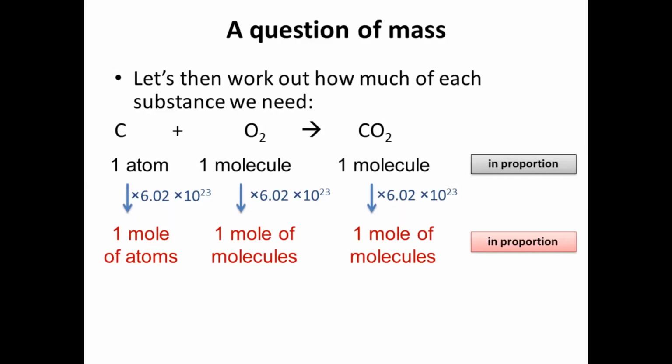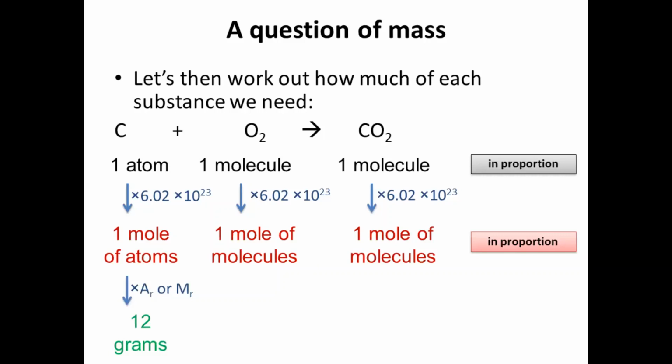The number that's in front of the atom or molecule now stands in front of the mole. So if you times both sides of the equation equally by the number of molecules or atoms in a mole, you can use the balancing numbers from the equation as numbers of moles. The same way as you would say 1 atom of carbon plus 1 molecule of oxygen, you could say 1 mole of carbon atoms plus 1 mole of oxygen molecules.